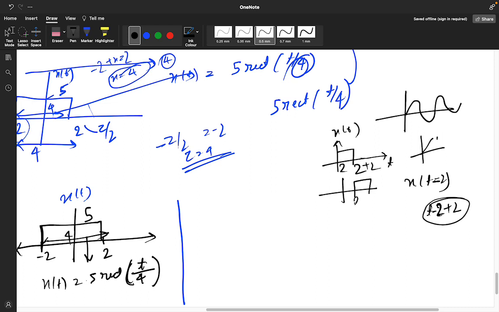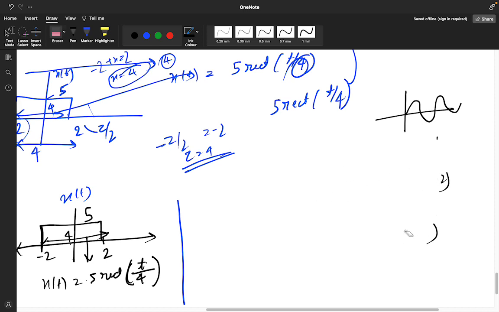Or x of t plus 2 means we need to subtract, so these things will go backside: 0 will become -2 and 2 will become -4. These things I told you in the first class itself, scaling concepts and all. That is what we are using, scaling and shifting.